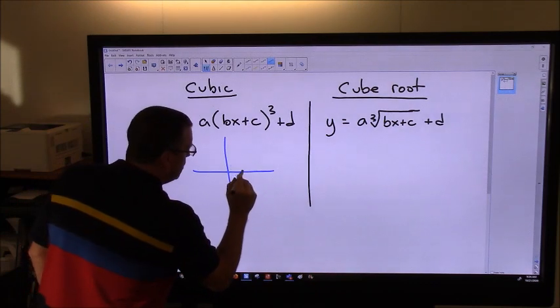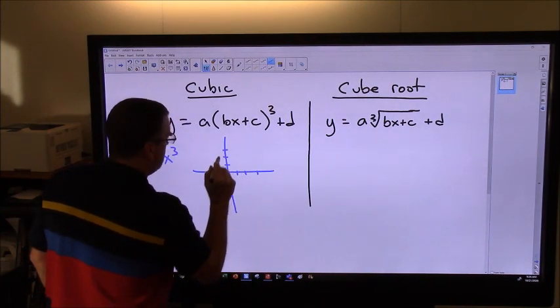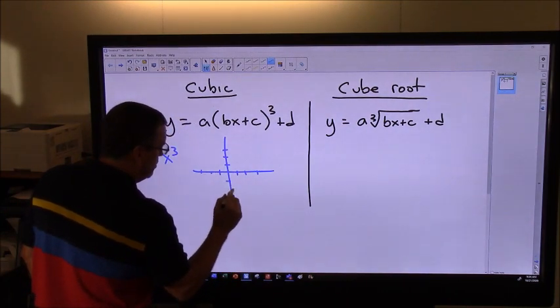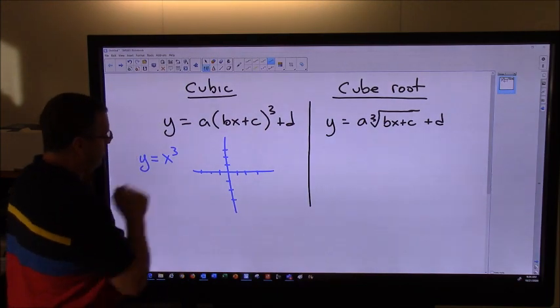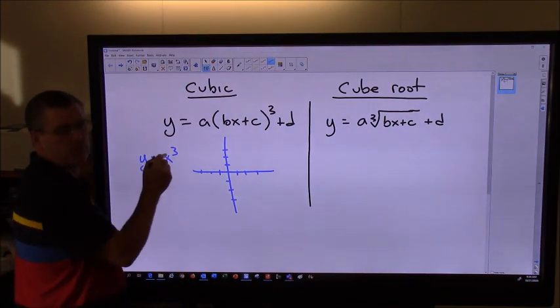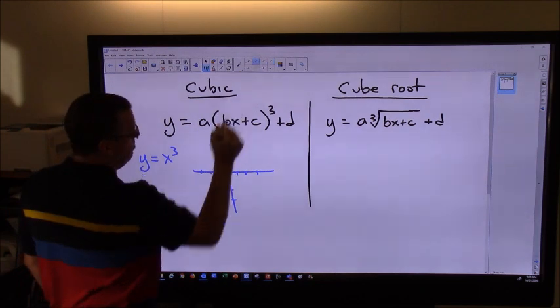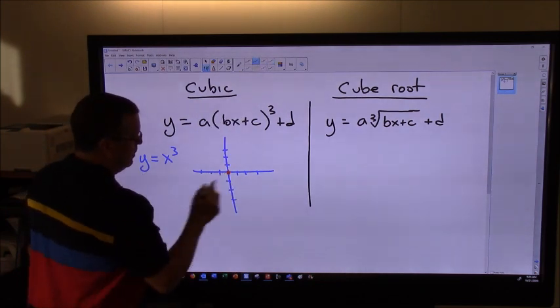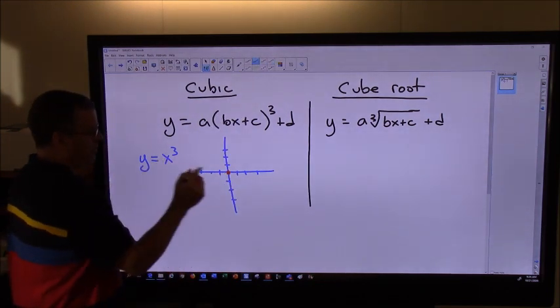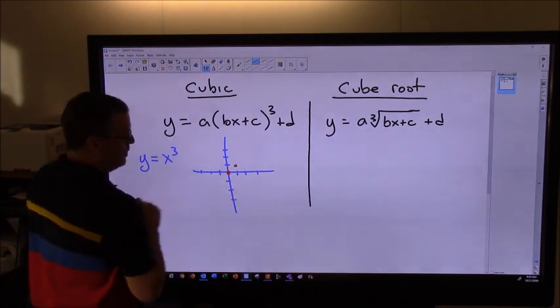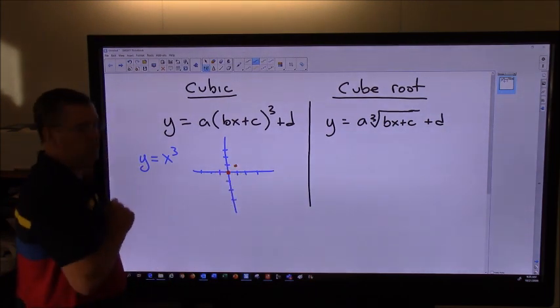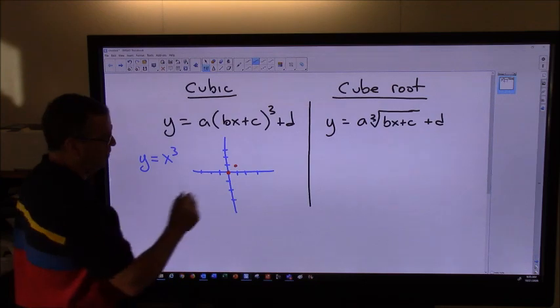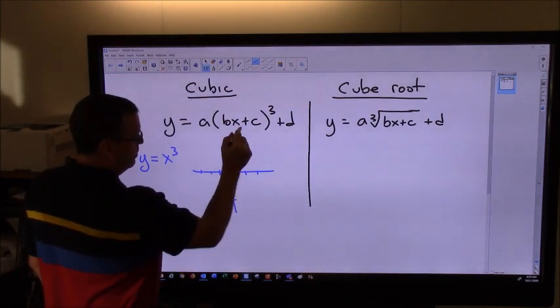So if I plug a 0 in here and I do 0 cubed, I get 0. So there's 1 point on this graph. If I plug in a 1, 1 cubed is 1. And if I plug in a 2, 2 cubed is 8. So we're way up here somewhere.